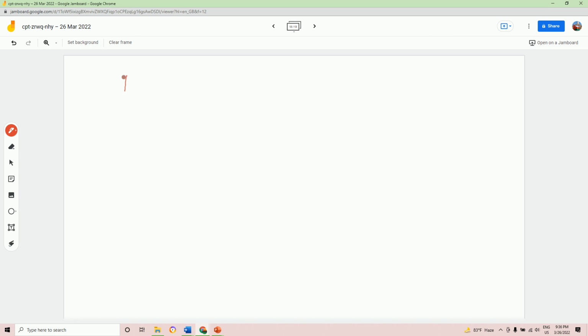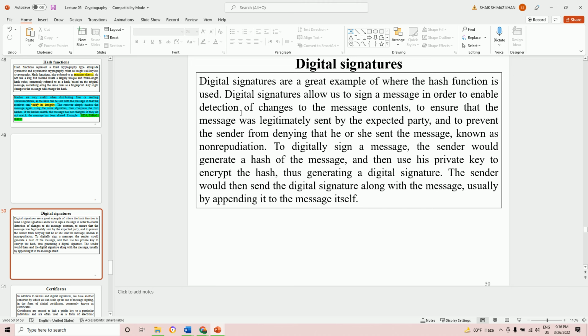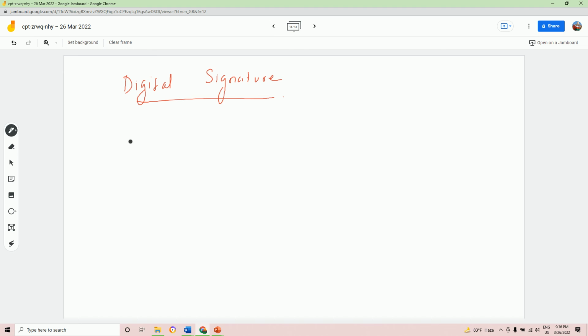So, digital signature. What is a digital signature? I will show with a diagram what is in the description. You have the message, take the message, hash the message. Then you have the hash of m.